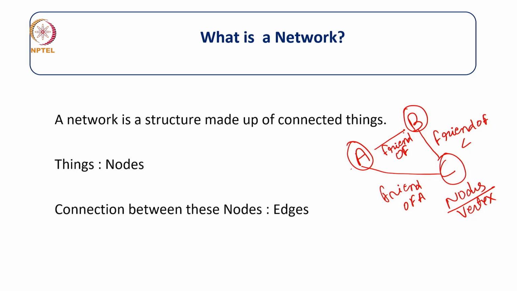And the path between A and B, B and C, and C and A is known as a link or edge. So this is what a network is.